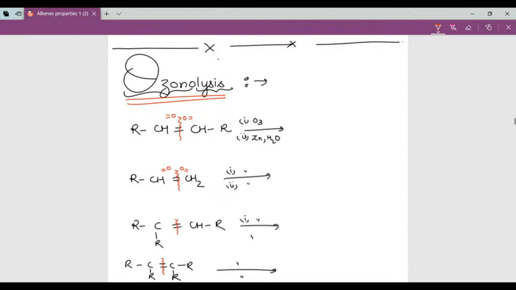This is how double bond O will be formed, like this.